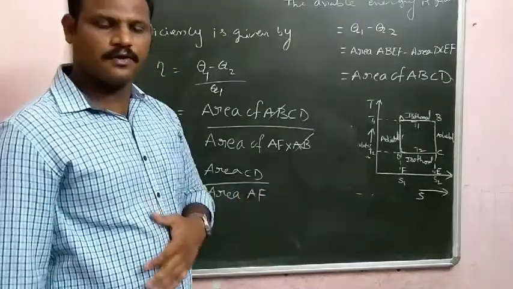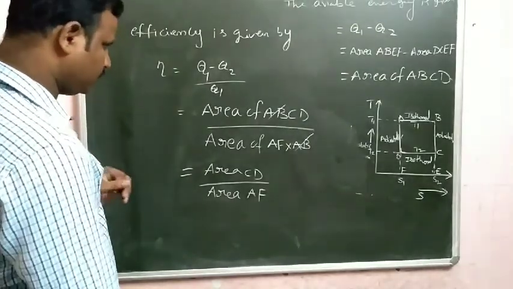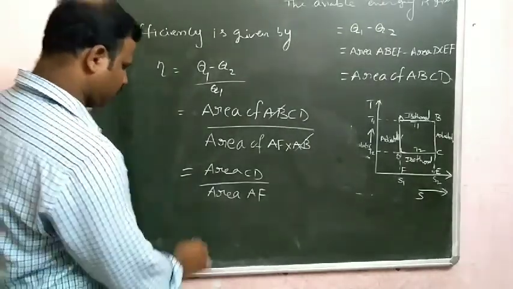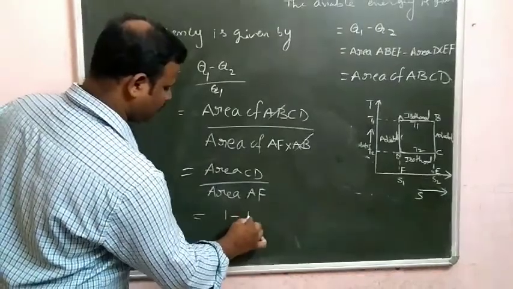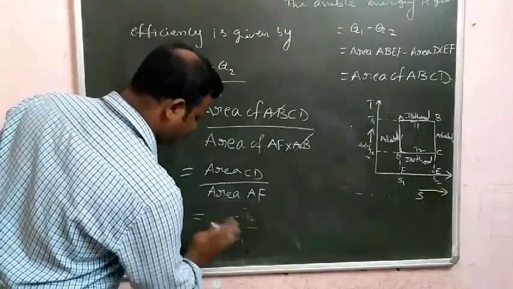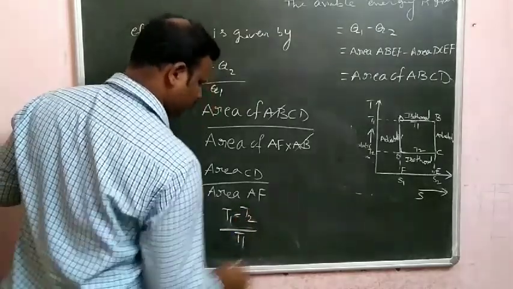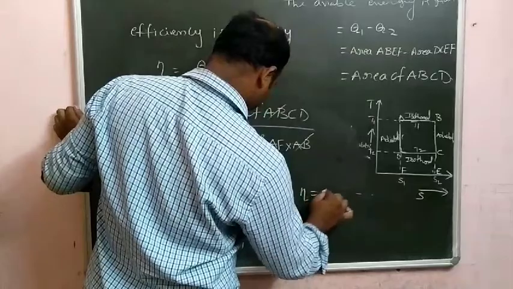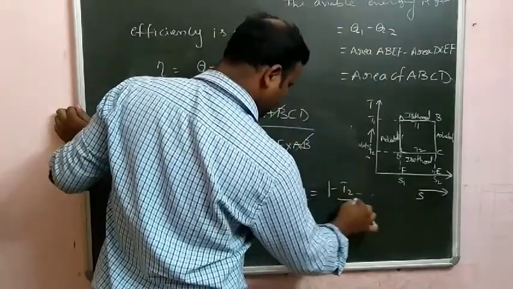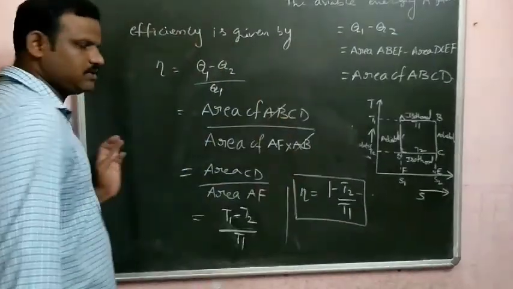Overall, this is the TS diagram. Regarding temperature, eta equal to 1 minus T2 by T1, or T1 minus T2 by T1. This is the entropy TS diagram.